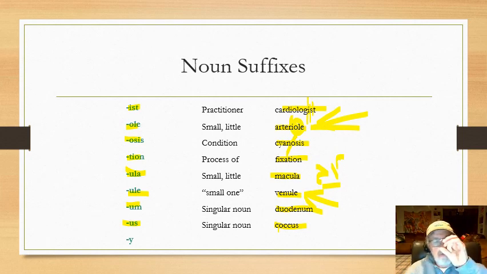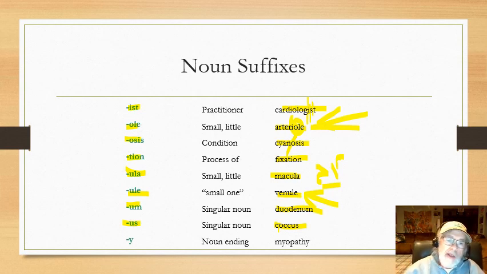You see the small little dark purple to blue balls, and basically a coccus is a small round ball, and that's the streptococcus. Cocci, C-O-C-C-I, would be the plural form, but coccus is a singular noun. And Y is just a noun ending. They don't know what else to add to it, okay. And myopathy: myo means muscle, path means disease, and I have to make it into a noun, so add the Y onto it. So these are some noun suffixes that we have.